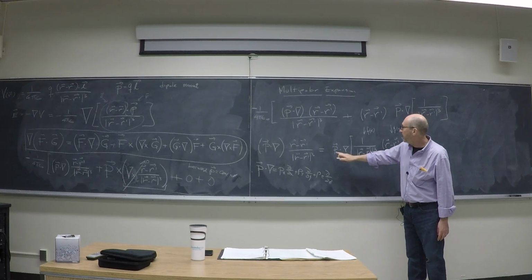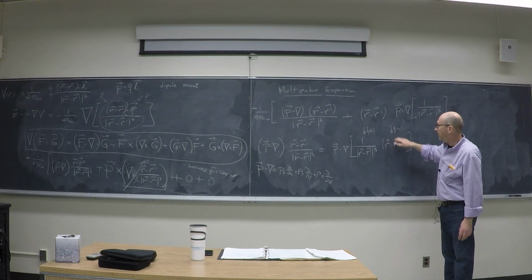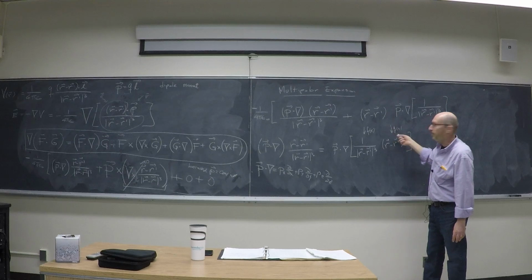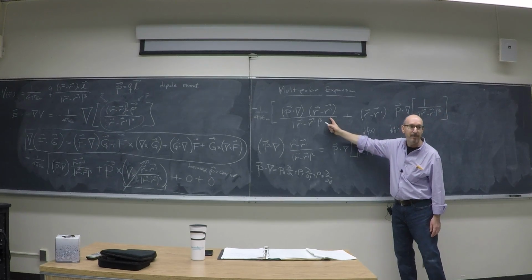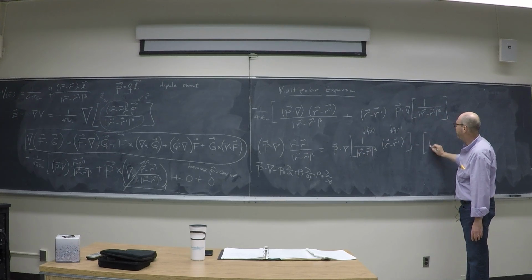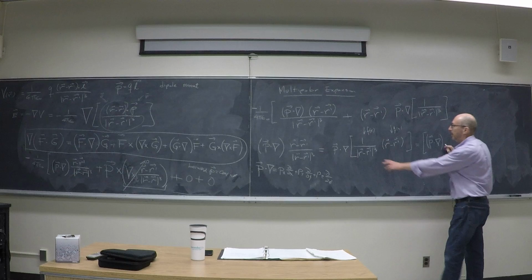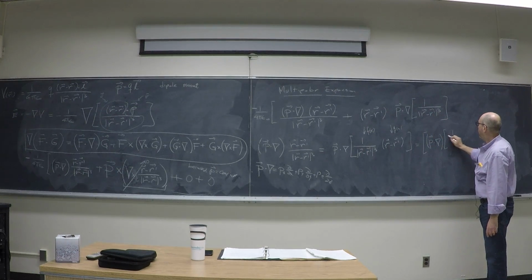So it's going to be p dot del. It's going to be the derivative of g, which is g prime, times 1 over |r minus r prime|. This is this term. So it's going to look like this. It's p dot del. Yeah, it's messy, but p dot del. Okay, let me do the f prime first: 1 over |r minus r prime| cubed.